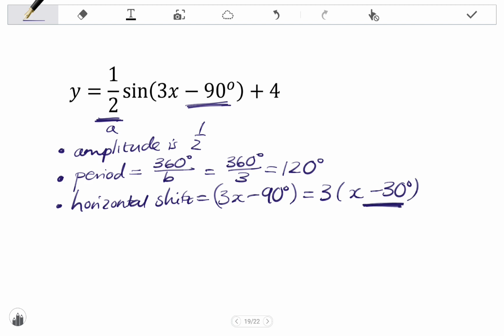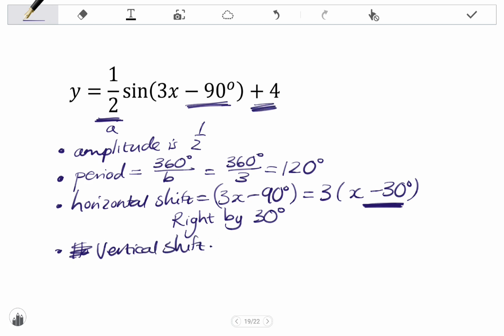Now this negative 30 tells us that we are moving right by 30 degrees. And the vertical shift is represented by the q value, which in this case is 4, so the graph is shifted up by 4 units.